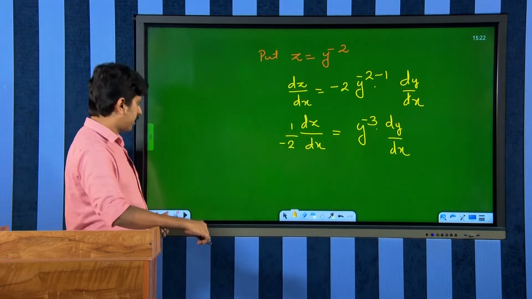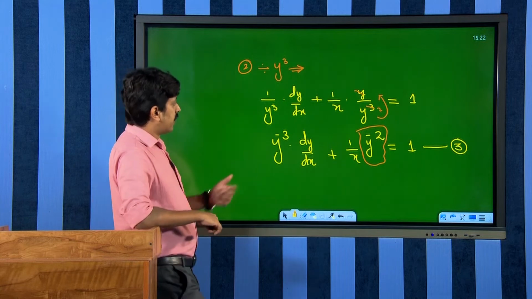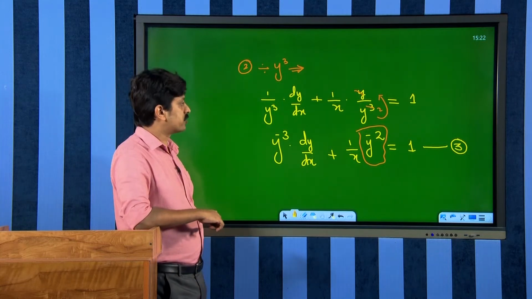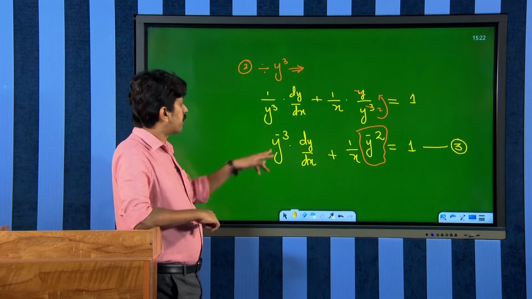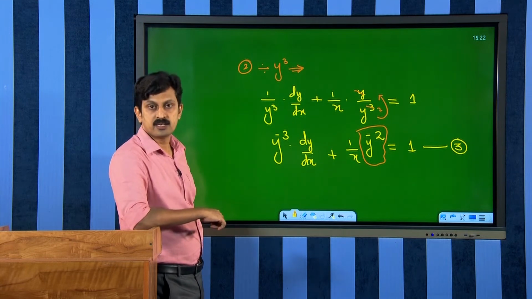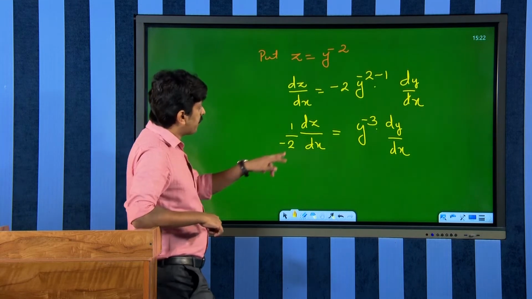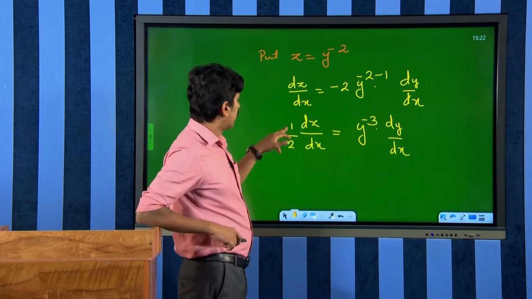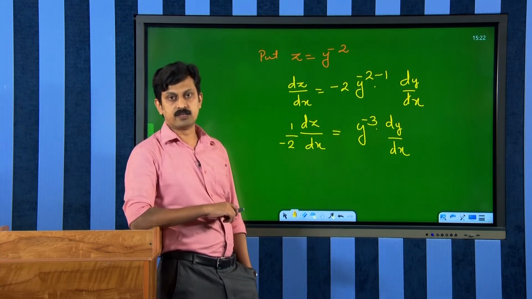Fine, come back to equation 3. We will have y raised to minus 3 into dy by dx is equal to minus 1 by 2 dz by dx.